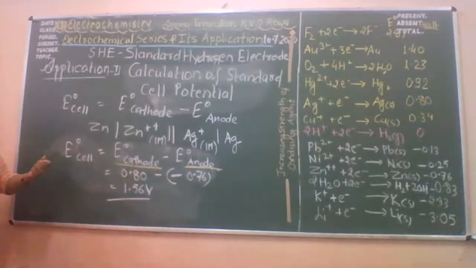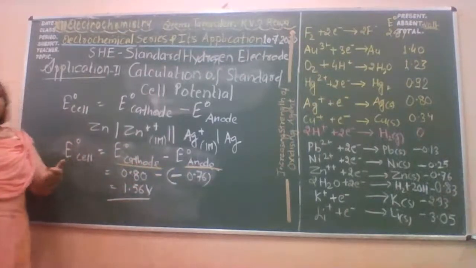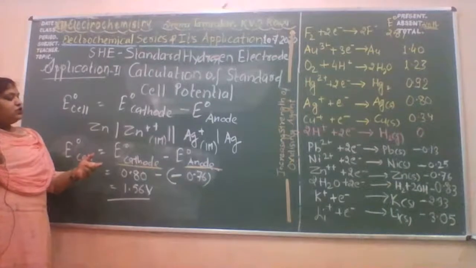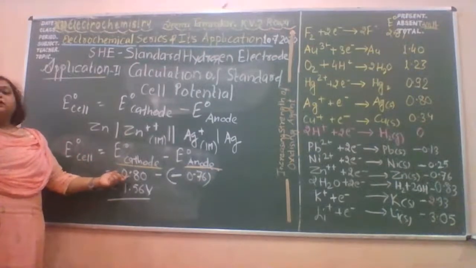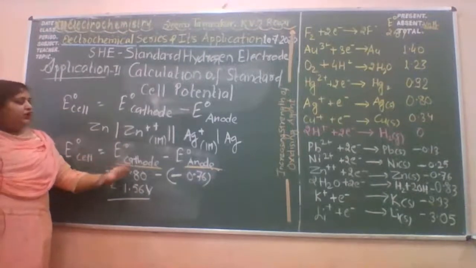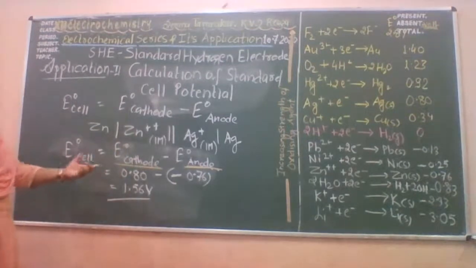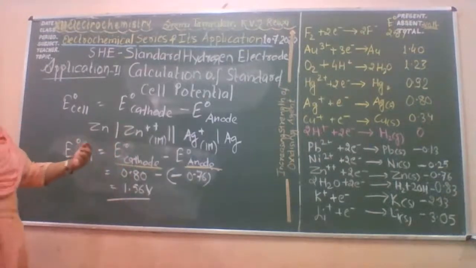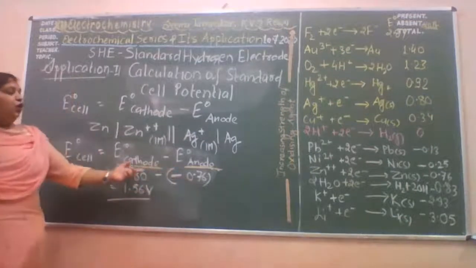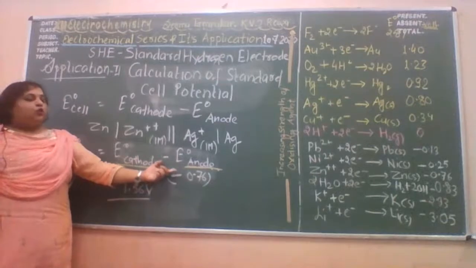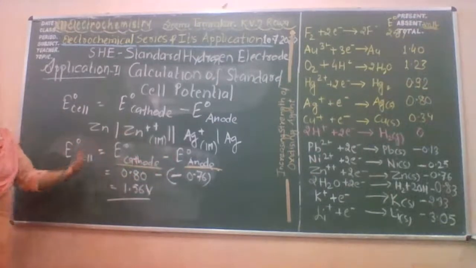In the cell, which electrode can be used as the cathode and anode can be decided on the basis of the value of the standard electrode potential. The metal with the higher standard electrode potential will be the cathode, and the element with the smaller value of the standard electrode potential will be the anode.